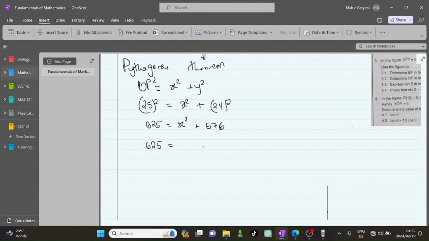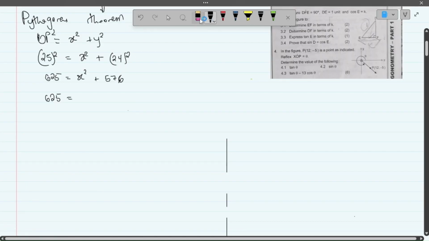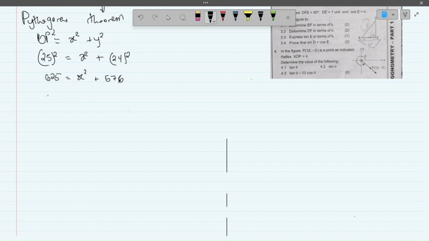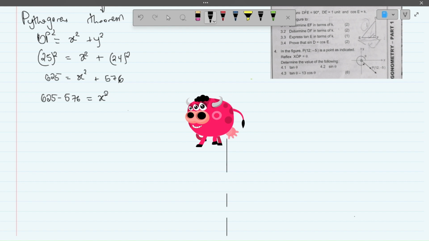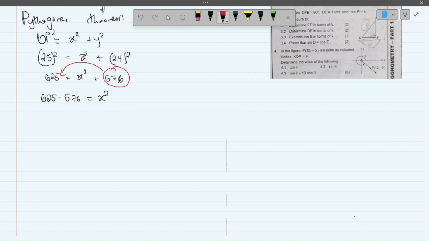So 625 minus 576 is equal to X squared. What I did here is move the 576 to the other side of the equal sign.